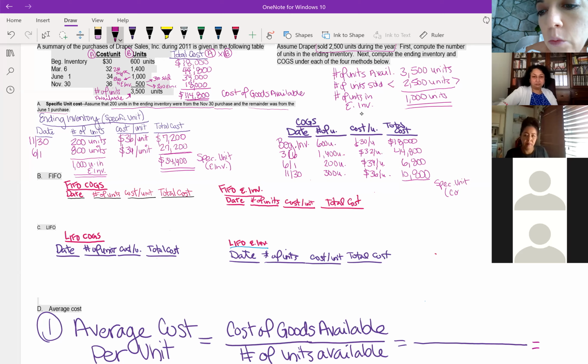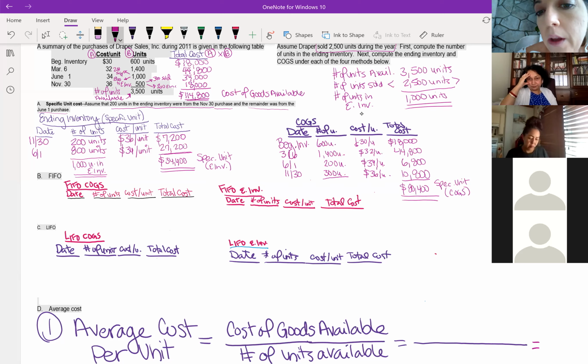When we add up these, the specific unit method calculates what amount of cost of goods sold? 80,400. And let's make sure that we expense the correct number of units, the number of units that were sold.